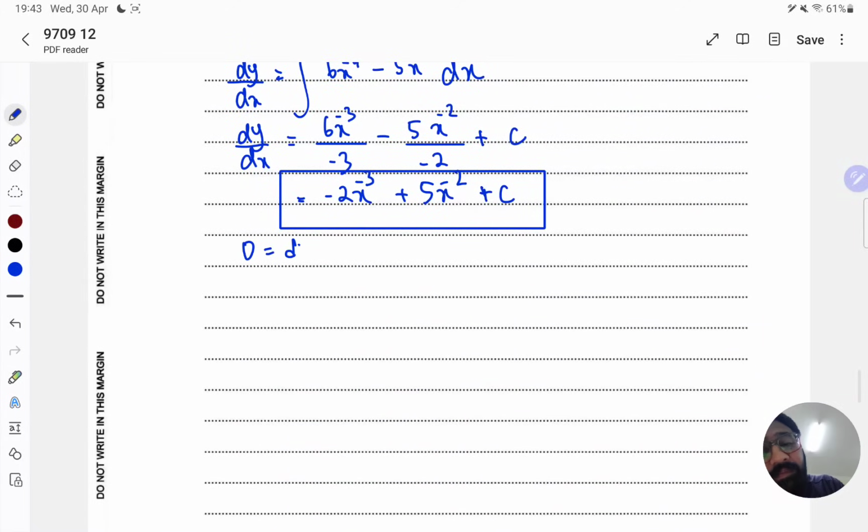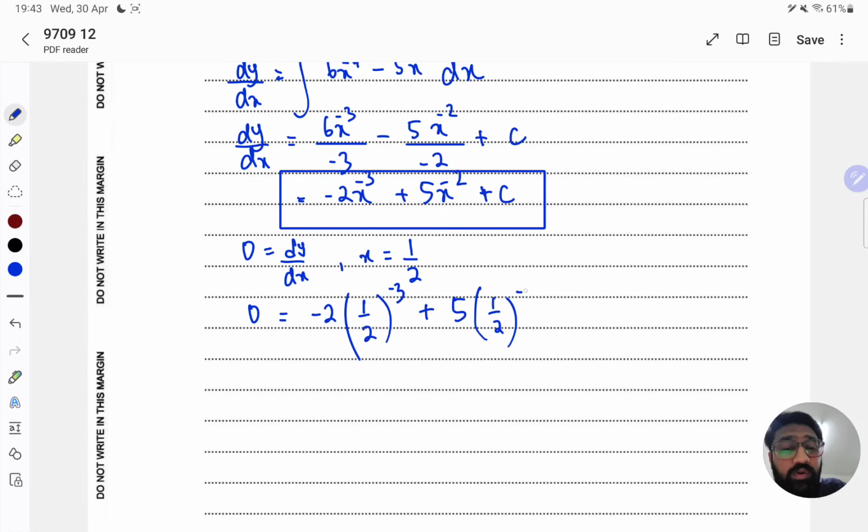So dy by dx is 0 where x is 1/2. So 0 = -2(1/2)^-3 + 5/2(1/2)^-2 + c.